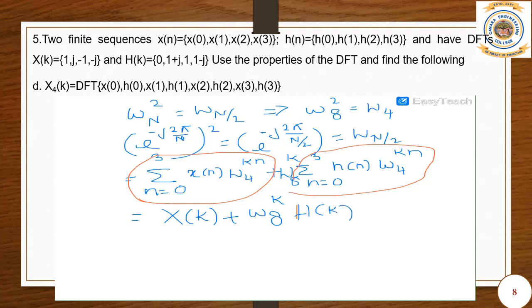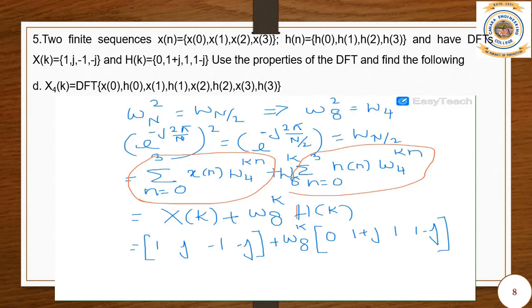So let me write this. X of k is given as the matrix 1, j, minus 1, minus j, plus W8 to the power k times the matrix h of k, 0, 1 plus j, 1, 1 minus j.